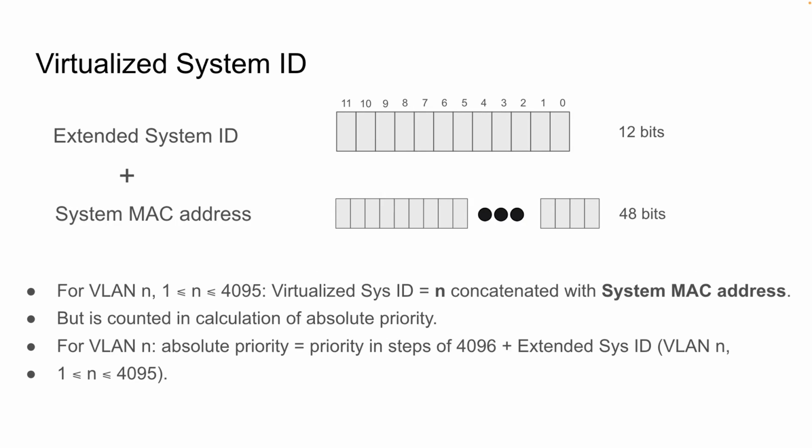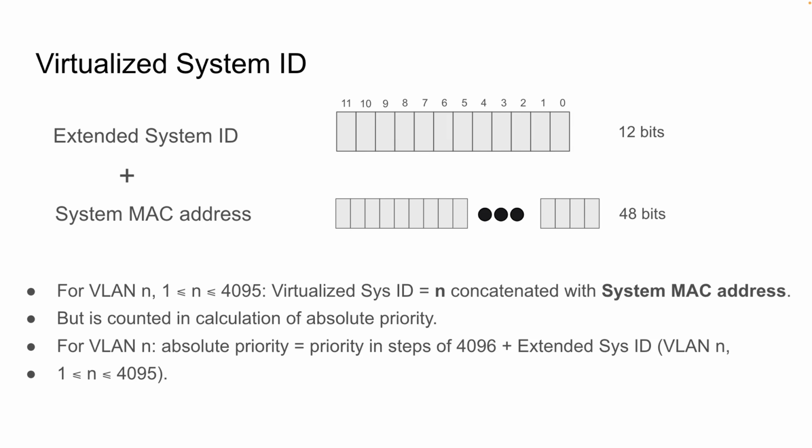The extended system identifier can be thought of as an extension of the physical switch, because if we concatenate this field with the system MAC address, we get the identifier of a virtual switch containing 48 bits of system MAC address and 12 bits of VLAN ID.